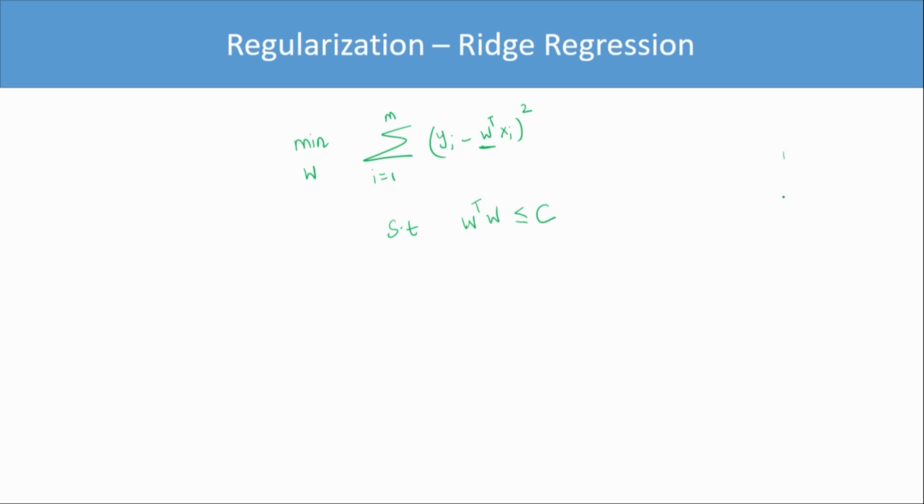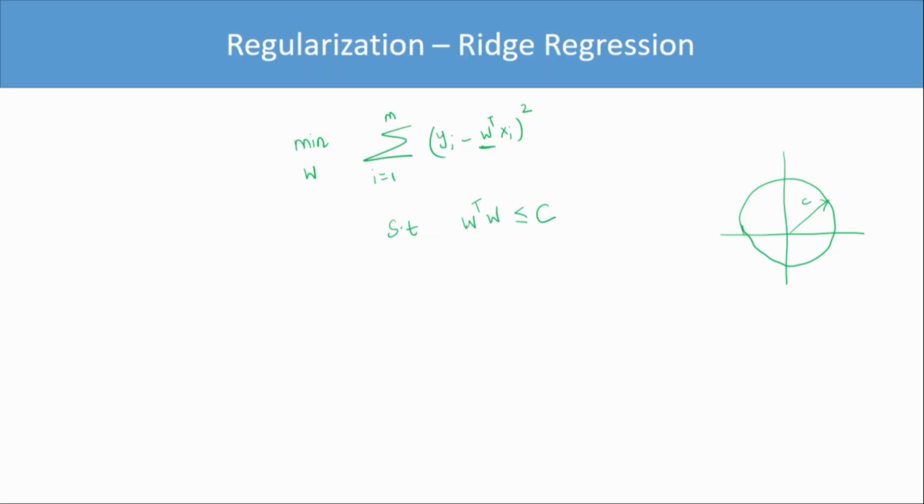W transpose W, in 2 dimensions, is like a circle of radius C, and your W can only come from this ball, right? So that's what you are trying to say. Now you are making sure that your W is restricted to this small space, which means even if the data changes, your W can only change within this ball. It cannot change too much.